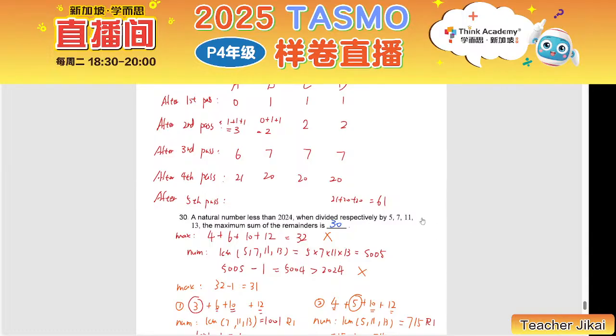Is there any easier way for question 30? We have discussed, but for now I don't find an easier way. Do you have an easier way? For this, I think the way is just you try, and you get the answer here. Yeah, this one is not that good, but I think it is already a good way here.